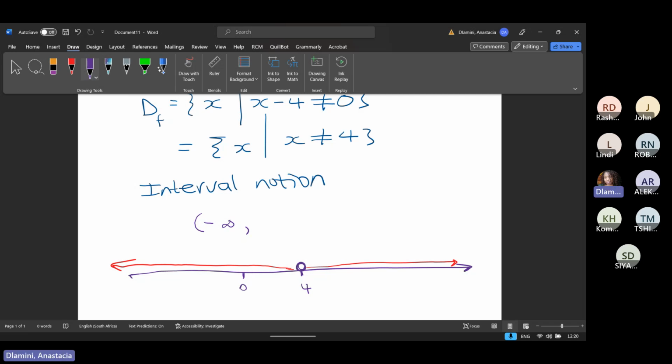Comma. Where does it stop? Guys, where does it stop? At 4, right? At 4. Because there's an open circle, it means 4 is not included. So it stops at 4. Do you see that? Meaning that from 4, not at 4, but from 4 going downwards, my function is defined. Correct?